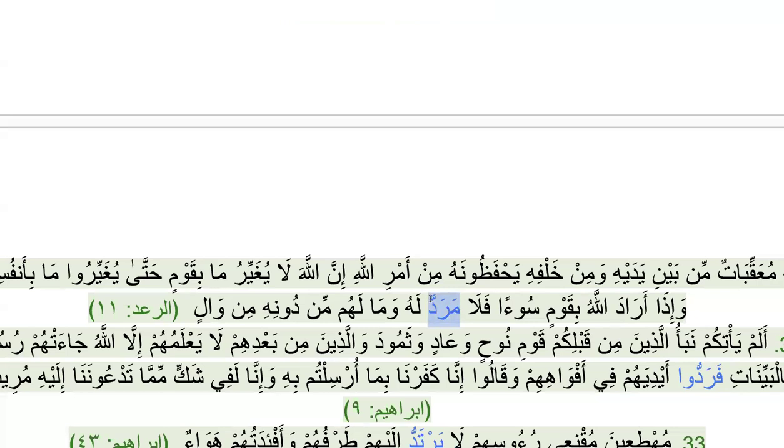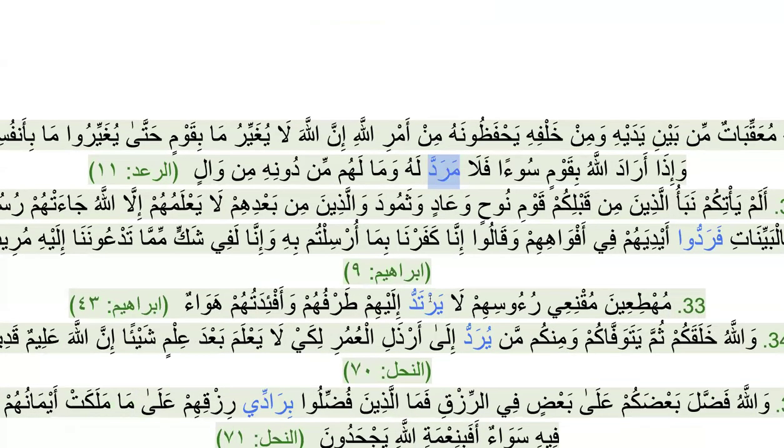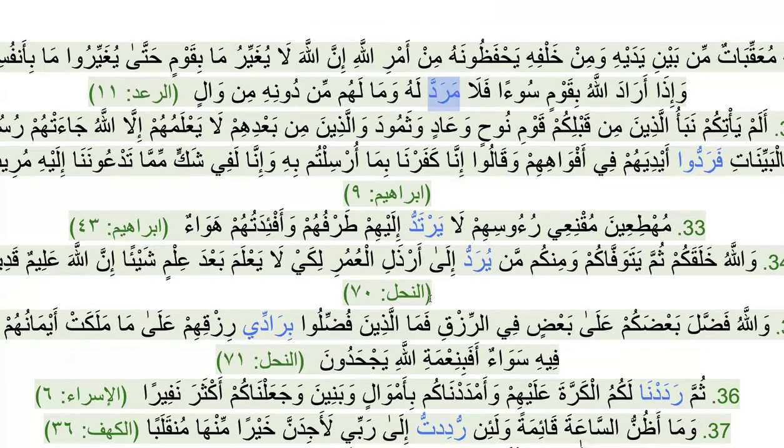Maradda, just real quick, because there was a purpose I had it here. Maradda is family 1. A rule applied here. The pattern is maf'alun. Rule number 2 got applied. Remember, if you are calling it masdar, maf'alun, what is the name of this particular masdar that you have learned?